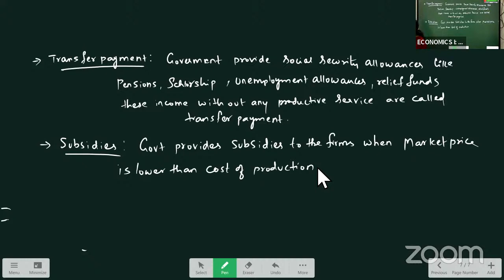So during that time, government will provide subsidies and the production cost is borne by the government.